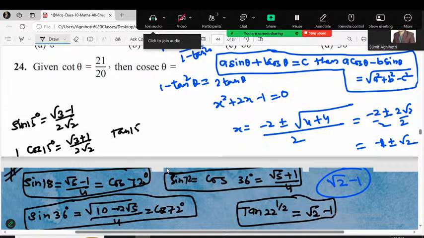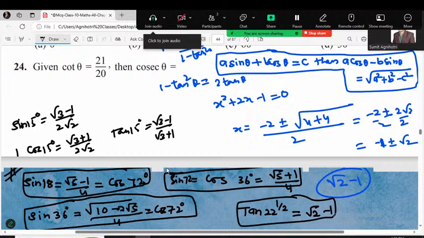That's why tan 15 is root 3 minus 1 over root 3 plus 1. Even you can find this sine 15 using sine a plus b.